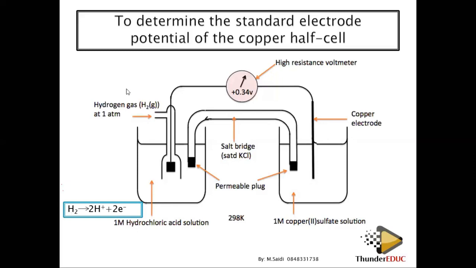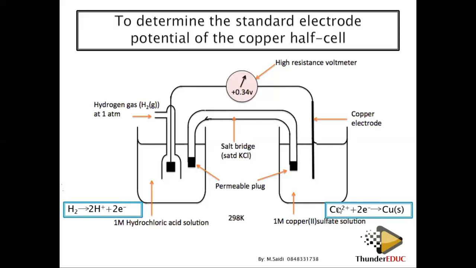You see here, hydrogen comes in, it forms hydrogen gas, we are supposed to have a gas here, and then it dissolves here, it reacts here at the platinum, and then it forms hydrogen ions, which are aqueous, plus 2 electrons. These 2 electrons move. When they move, they come to copper. Here you have copper solution.